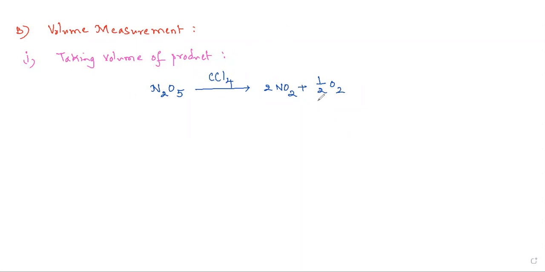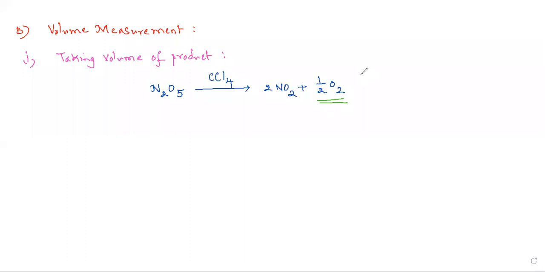But we are given information about the volume of oxygen at different times. Okay, so by taking the volume of oxygen into consideration, we'll be monitoring the progress of the reaction.